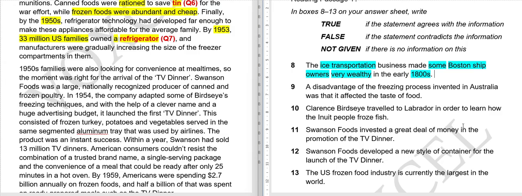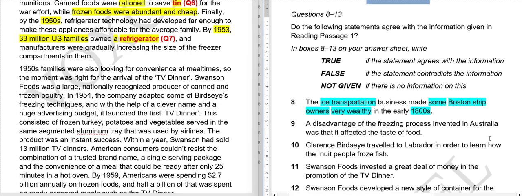But if they didn't earn a lot of money, or if they faced losses while doing this business, we'll say false. And if there is no information given about whether they made a lot of money or not, whether these businesses were successful or not, or how much money they made from this business, we will say not given.